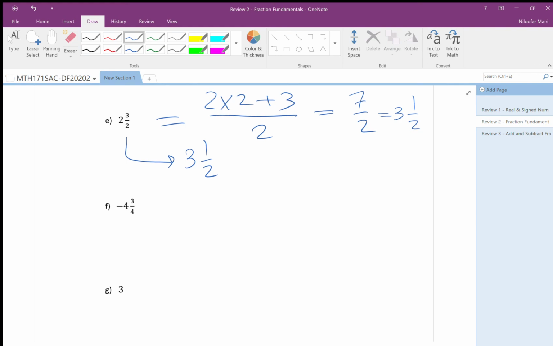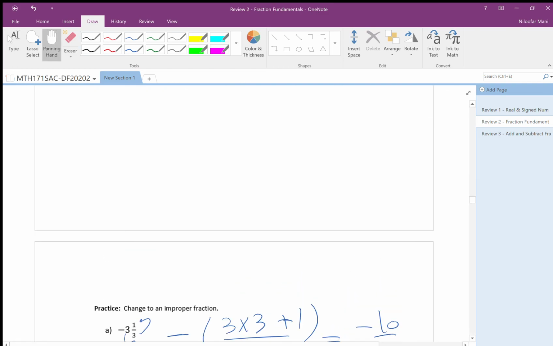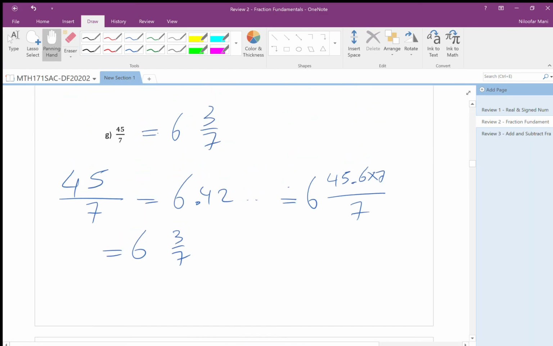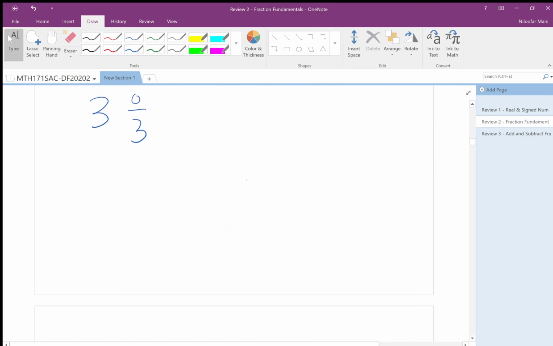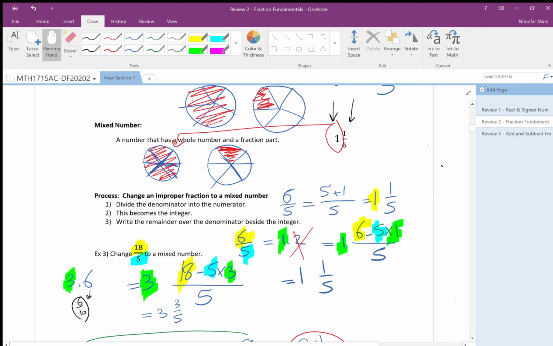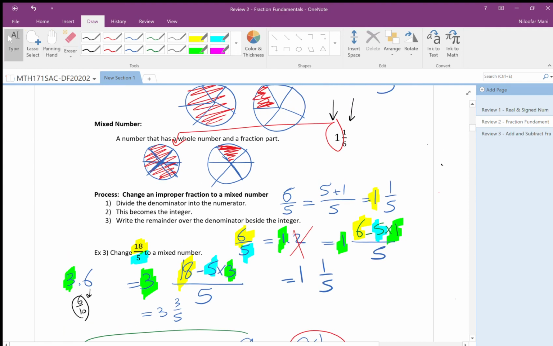How about the rest? Remember, when I change to a mixed fraction, I want that part beside the whole number to be a proper fraction.